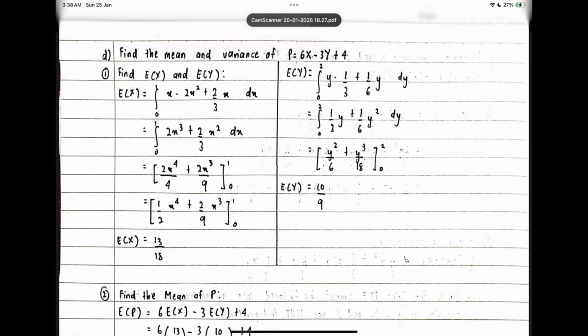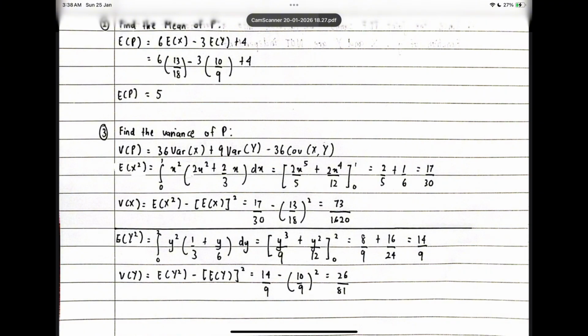For the last question, we need to find the mean and variance of P equals 6x minus 3y plus 4. In order to find this, first step, we need to find E(x) and E(y), like this. The next step, we need to find the mean of P, which equals 5.